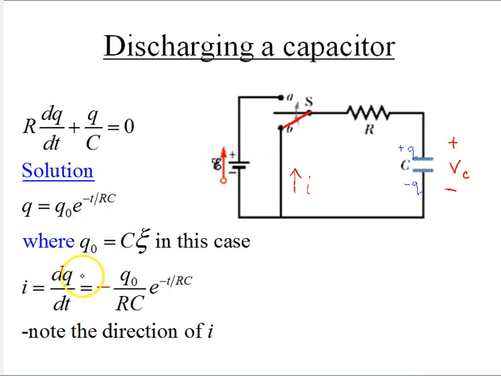And our current is the derivative of that, so that's where we get the negative Q naught over RC e to the negative t over tau. So we have defined our current flowing in the direction of potential decrease, so we could use I is equal to dq/dt. And we see that the positive current is actually flowing away from the positively charged plate, as we would expect.